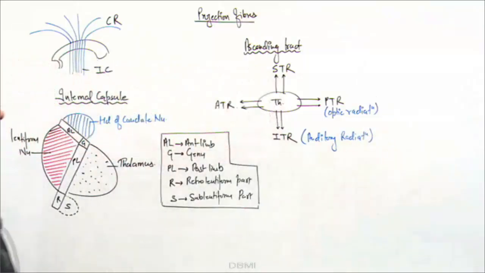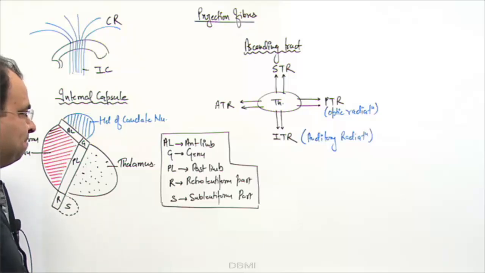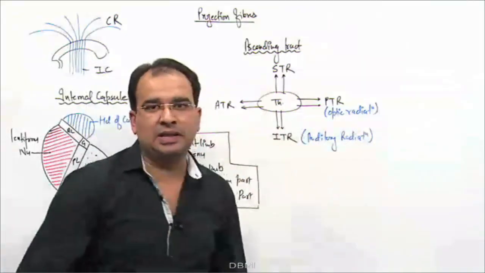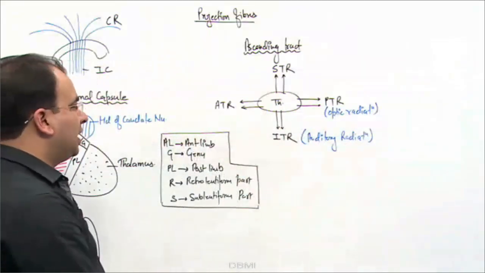Inferior thalamic radiations are called auditory radiations or acoustic radiations. So first let's see how ascending tracts are arranged inside the internal capsule, and then we'll come to the descending one.